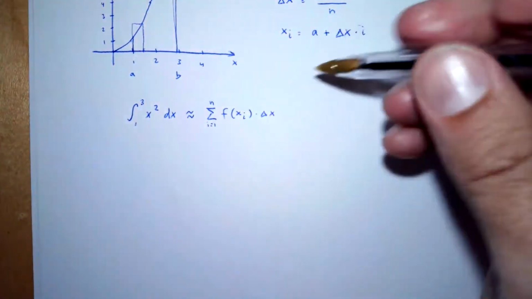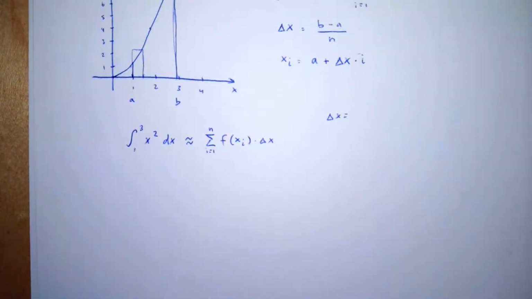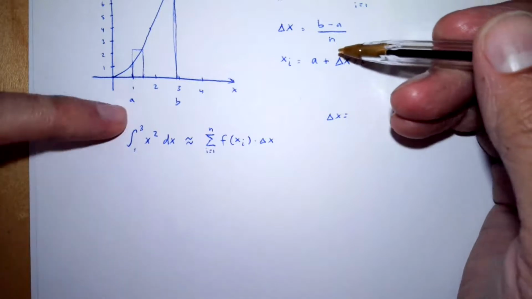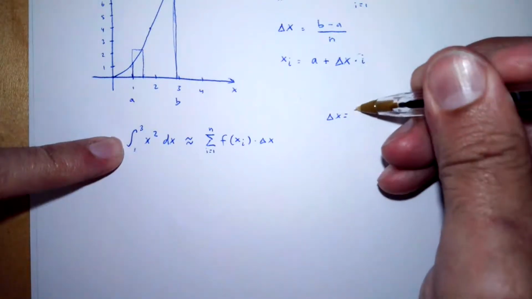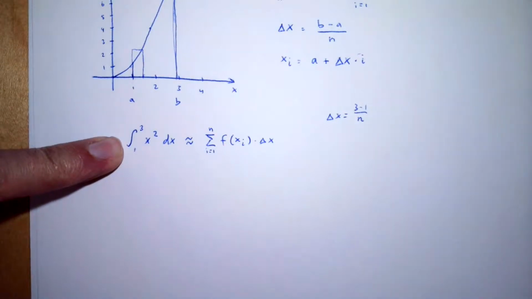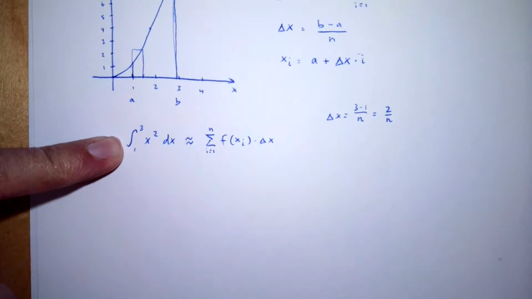Okay, well, what's delta x? Delta x is b minus a divided by n. Well, b minus a is 3 minus 1 over the number of rectangles, and we said we're going to do n. So that's 2 over n.